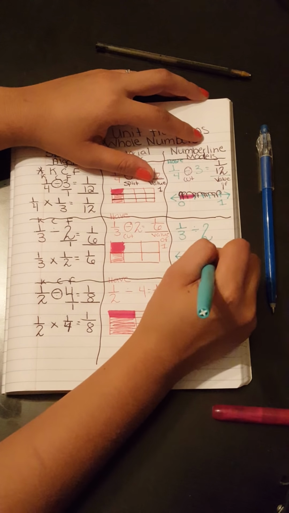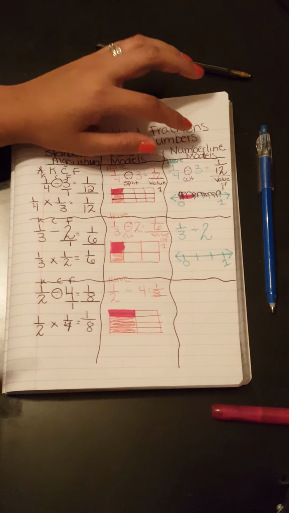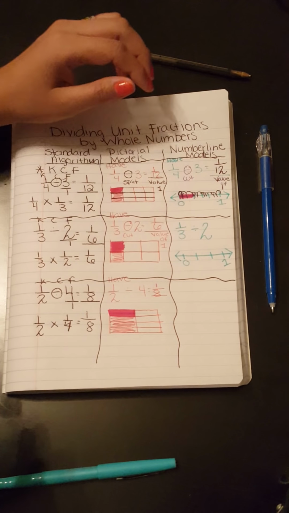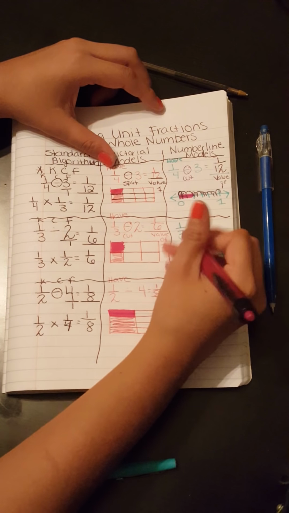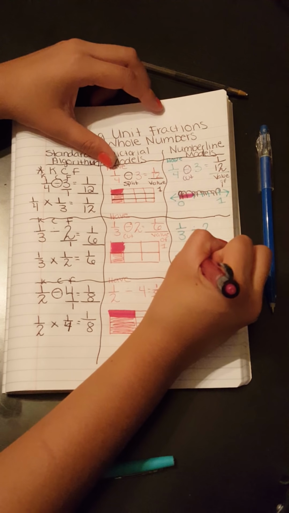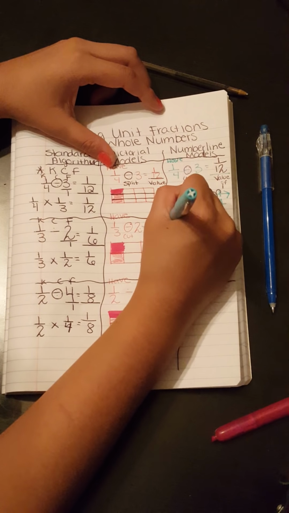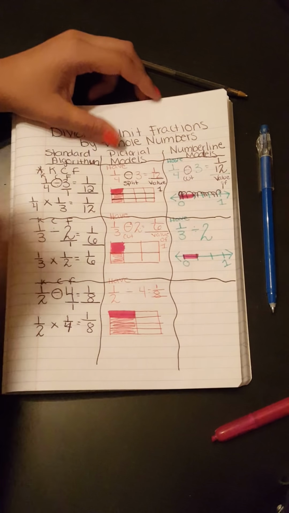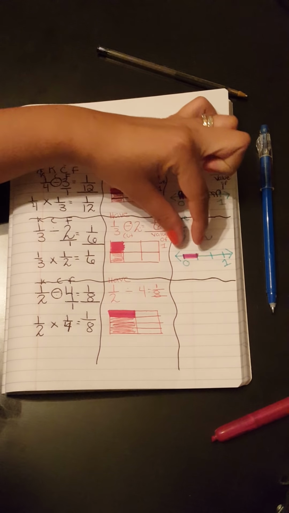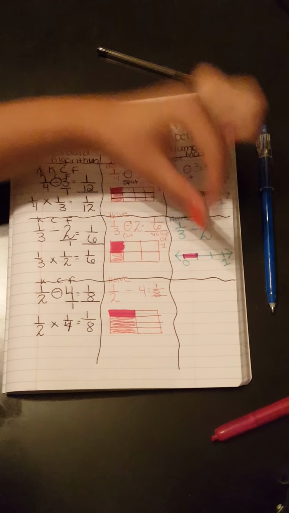So I'm going to cut it into 3 equal pieces, and of those 3, I only care about one of it. From the 0 to the first tick mark. That is what I have. I have 1/3. 1 out of 3.